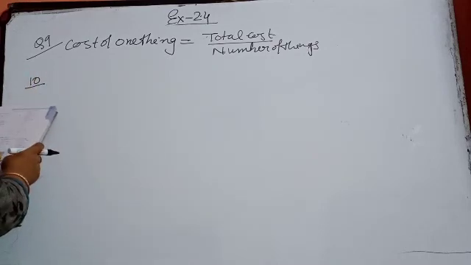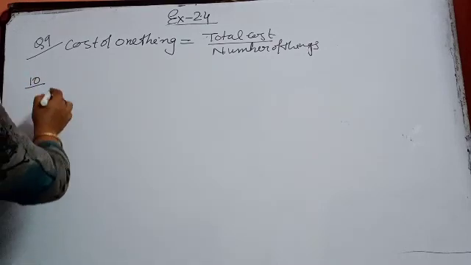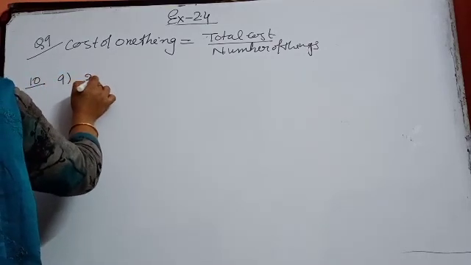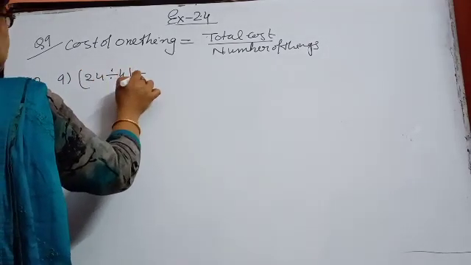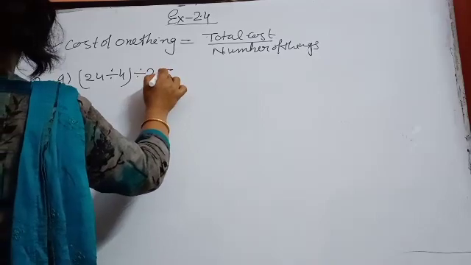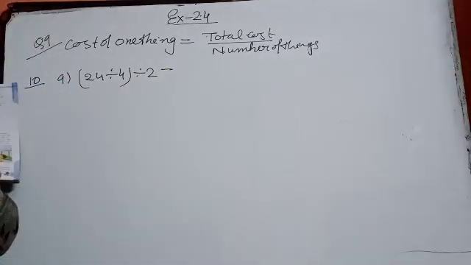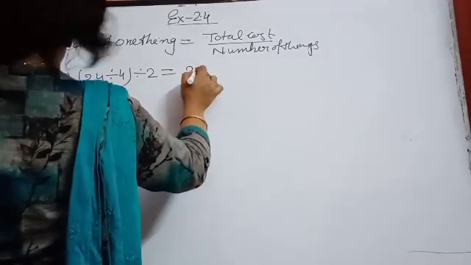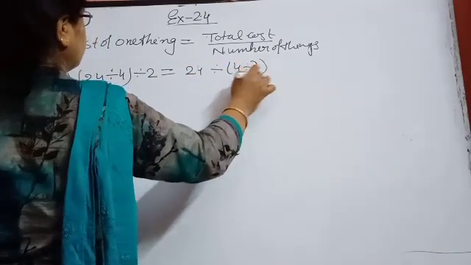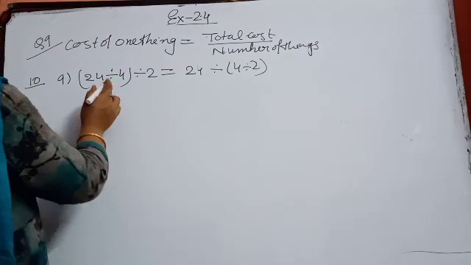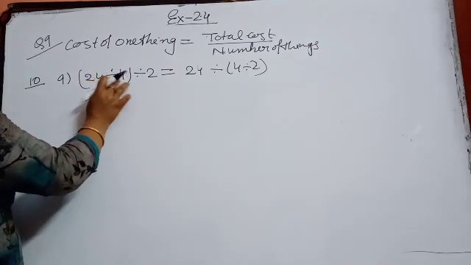Question number 10. A part is 24 divided by 4, and whatever comes will be divided by 2, is equal to 24 divided by 4 divided by 2. See that. First of all, you divide 24 by 4.